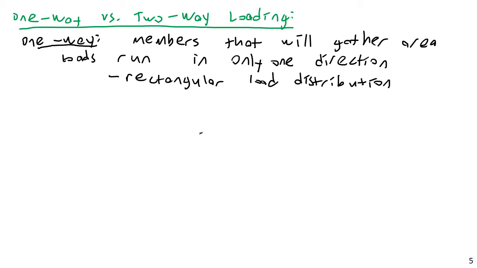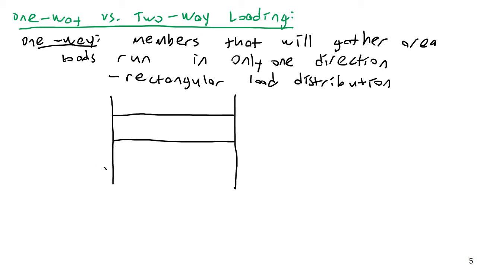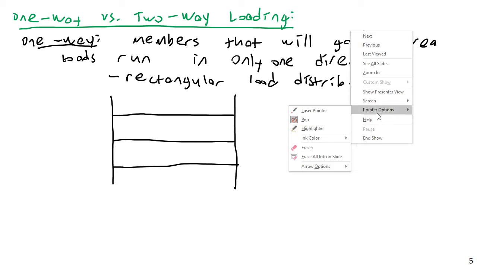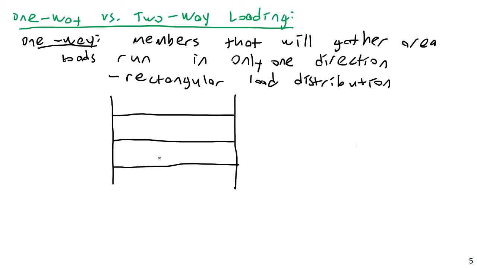For example, like we had in the previous slide, if I have a girder here and a girder here, and maybe a beam here, and a beam here. If I want to calculate the amount of load on one of these beams, how do I do that? Well, we do it by dividing the slab up into tributary areas. Usually we use the midpoint.